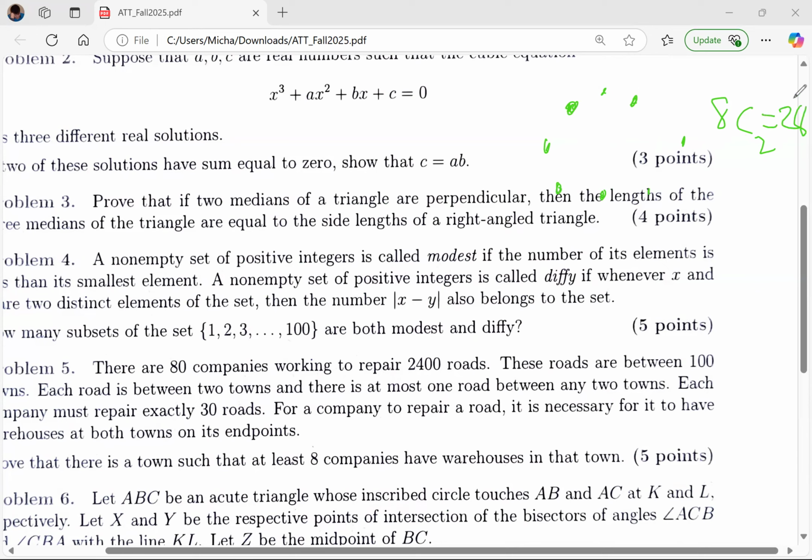Okay, so they need at least 9 warehouses to repair 30 roads, and there's 80 companies, so there's 9 times 80 warehouses.